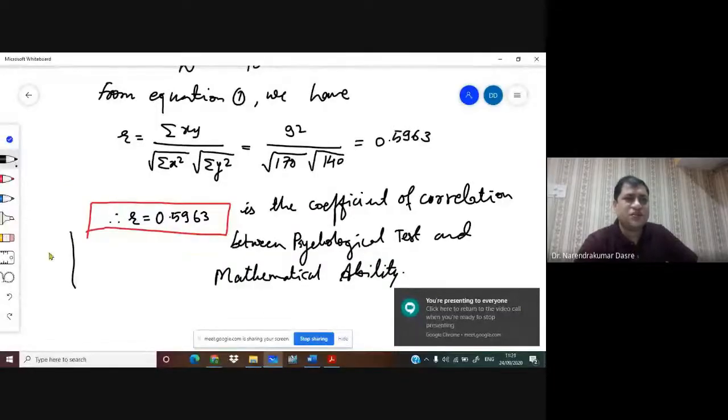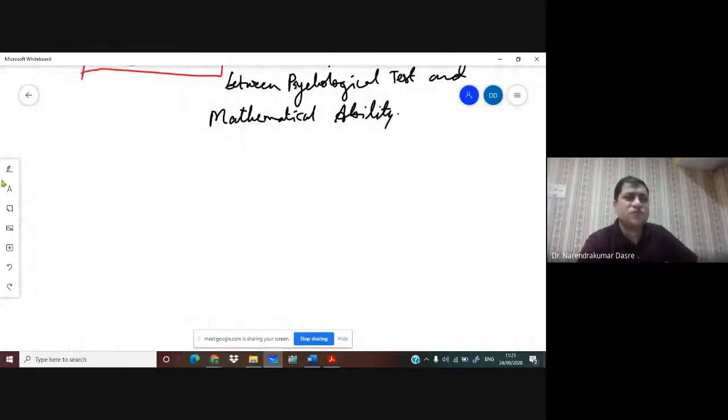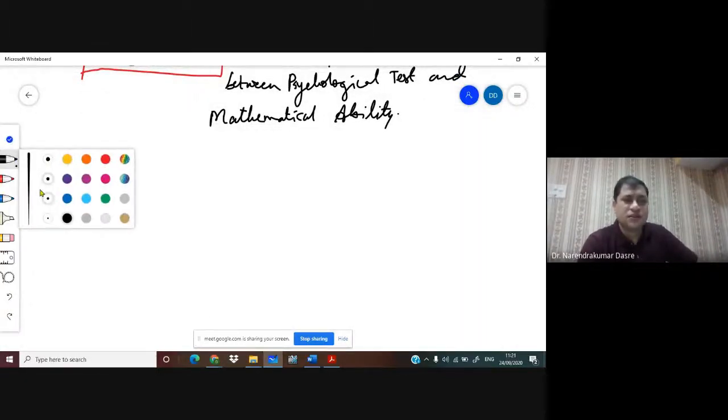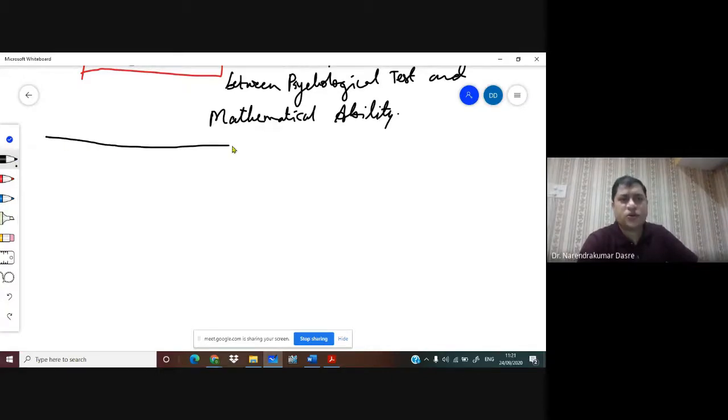Let us have the definition of Spearman's rank correlation coefficient, and let us see how we are able to calculate it. If you have any doubt, please ask. This is the raw data we are talking about. We are given raw data and then we process it.